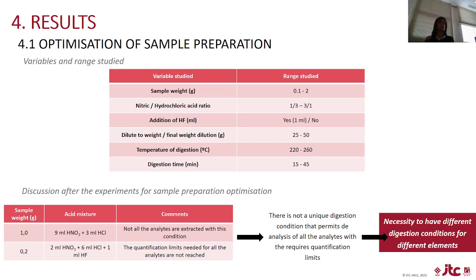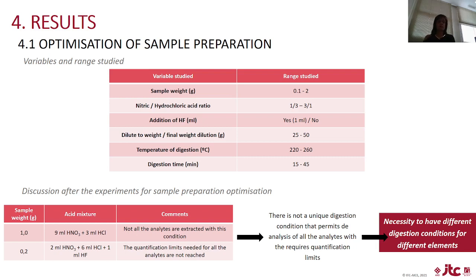Traditional digestion methods recommended the use of hydrofluoric acid in order to obtain a complete digestion of the geological samples. But the use of this acid brings about serious issues, as it attacks the glass materials and it is extremely harmful. So its use is not recommended, at least if there is not any other solution.